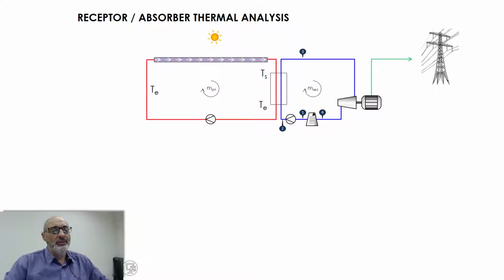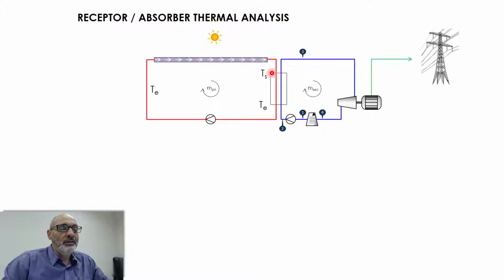Let's take a look at the architecture of our system. As I mentioned, we have this collector tube. L is the total length here, the diameter is D. And our working fluid, the working fluid of the primary cycle, has a flow rate M primary here. It enters at TE, and at the output it's heated to TS.